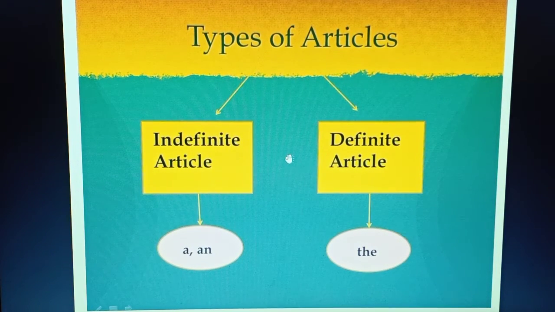So students, articles can be divided into two types. One is indefinite, another is definite. Indefinite articles are a and an, and the definite article is the.